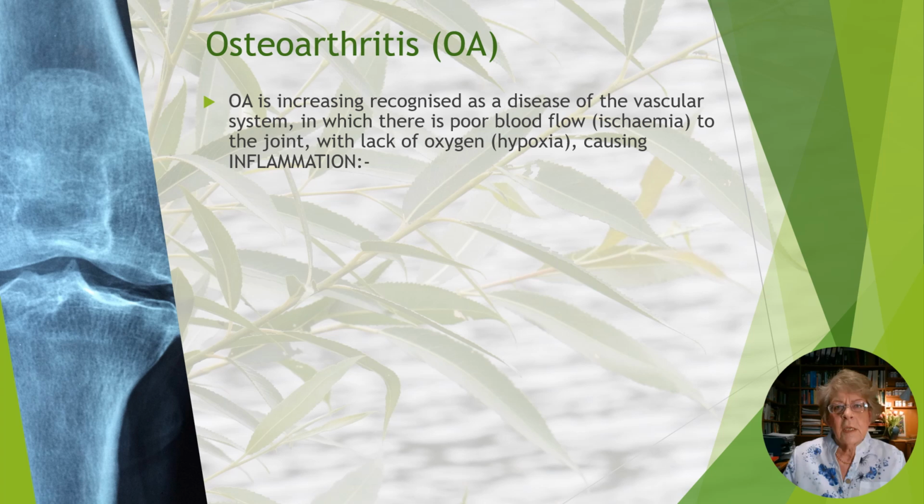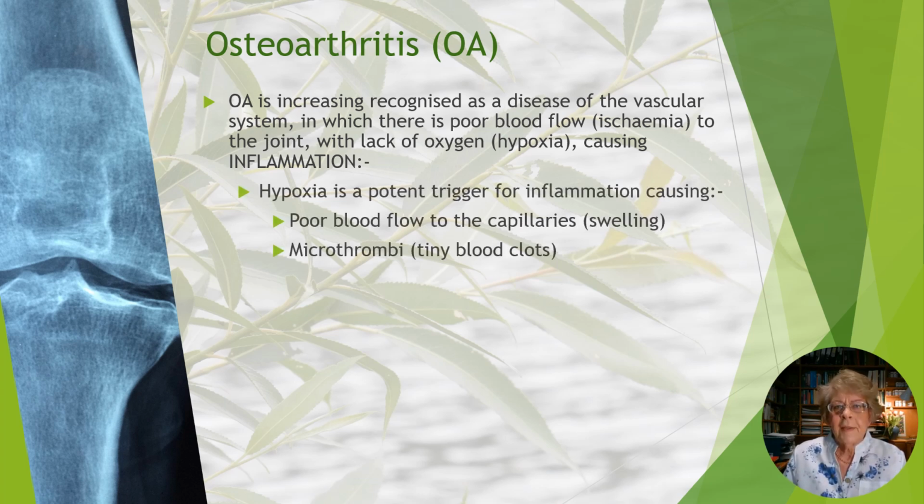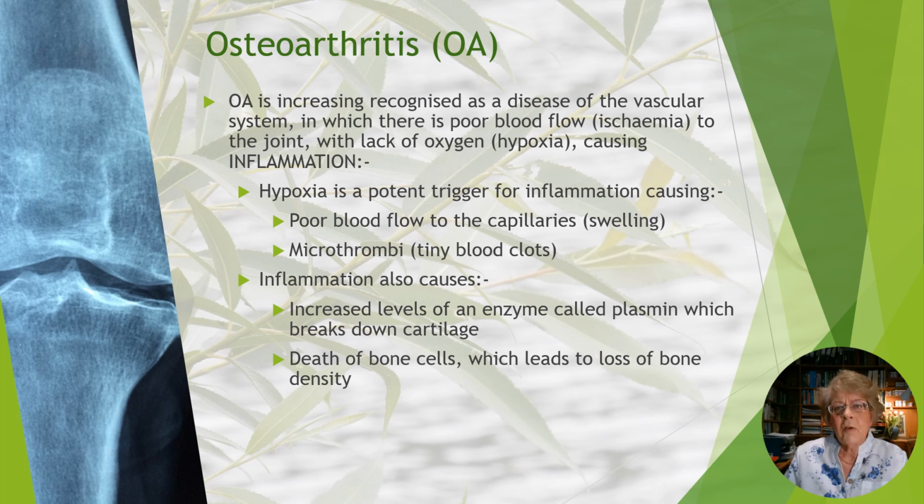Osteoarthritis is increasingly recognized as a disease of the vascular system in which there is a poor blood flow, called ischemia, to the joint with a lack of oxygen, known as hypoxia, causing inflammation. Hypoxia is a potent trigger for inflammation, causing poor blood flow to the capillaries through swelling and microthrombi, tiny blood clots.